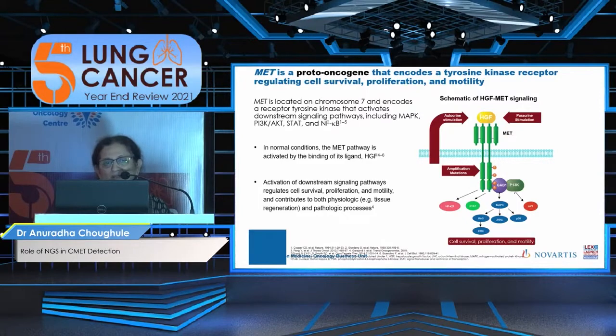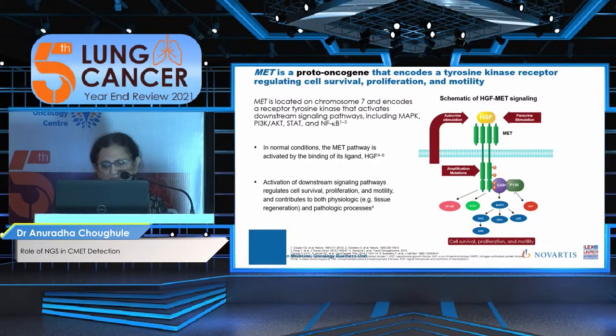In normal conditions in the MET pathway, you see the activated binding sites with the hepatocyte growth factor, and with the binding of this ligand, the MET pathway gets activated for the downstream signaling cascades of MET, PI3K, and other RAS pathways.